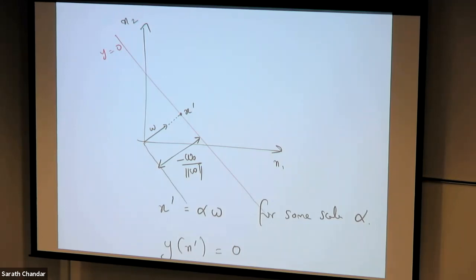What is the first observation? The first observation is that W of the discriminant function is what is deciding the direction, and the W0 is deciding the distance. Okay.